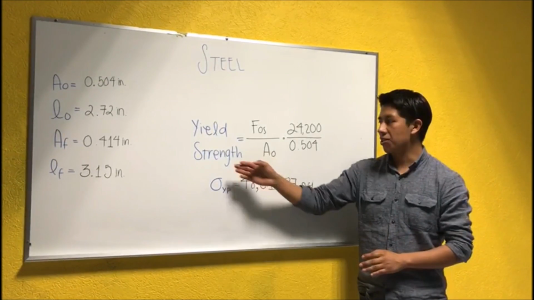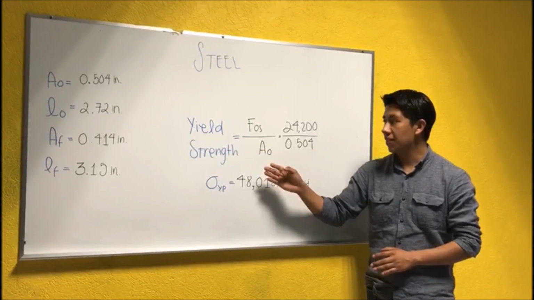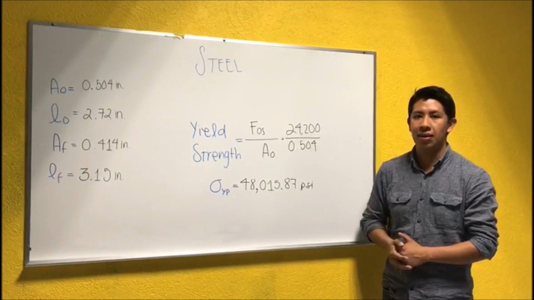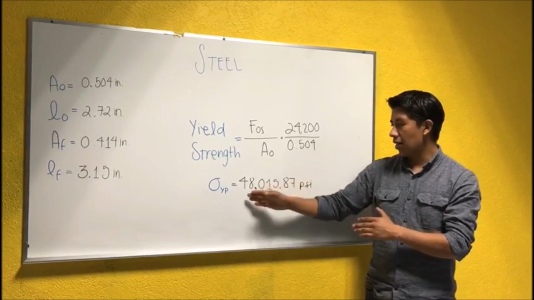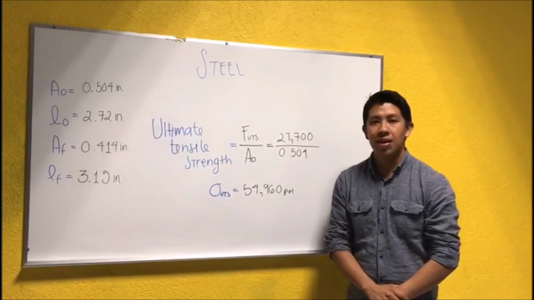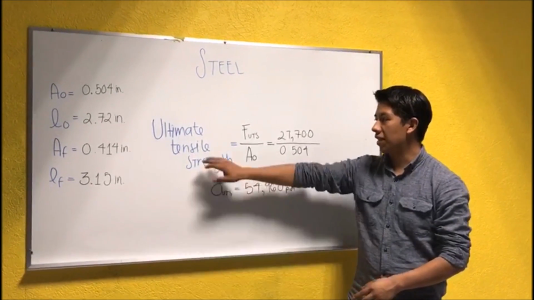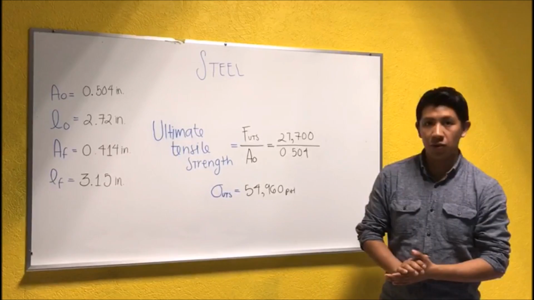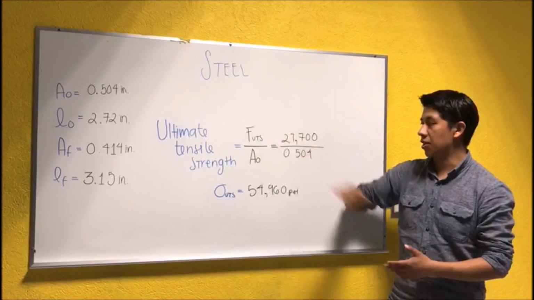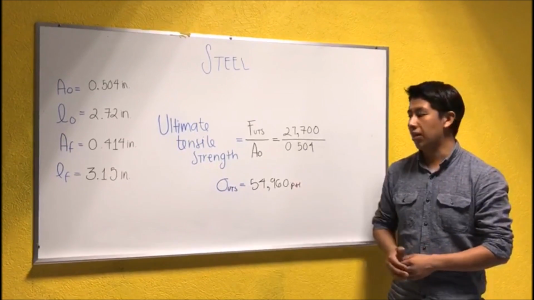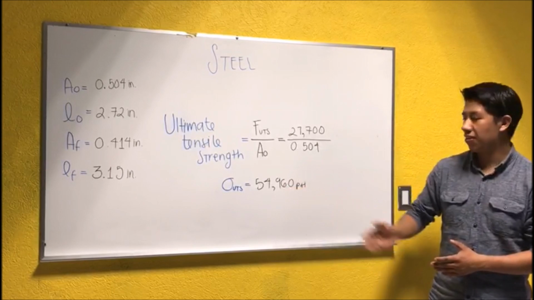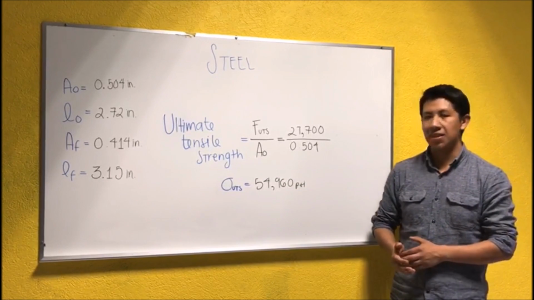Now here we have our yield strength, and the formula is the force according to the graph over the initial area, and our result was 48,015.87 psi. Finally, we have the ultimate tensile strength, and the formula is the force in units according to the graph over the initial area, and the final result that we obtained was 54,090.60 psi.